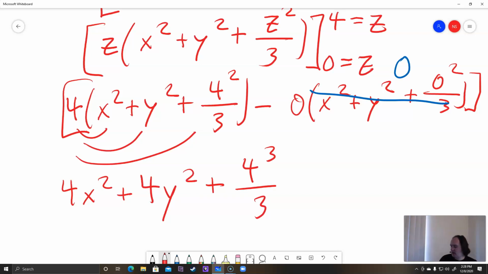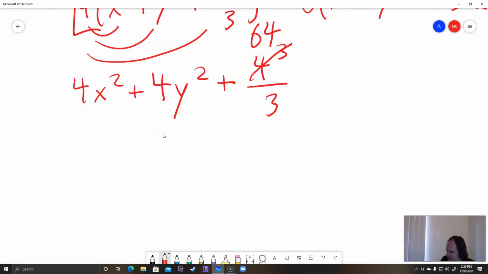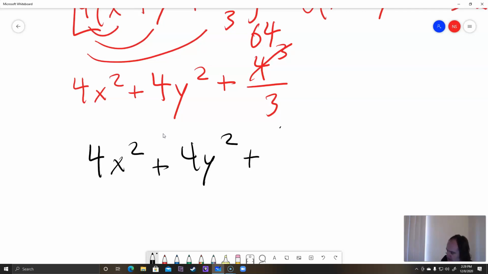And for the 4 cubed, 4 times 4 is 16, and 4 times 16 is 64. So this 4 cubed is actually going to be 64. So far, we've done the inner integral, and we now have 4x squared plus 4y squared plus 64 over 3.